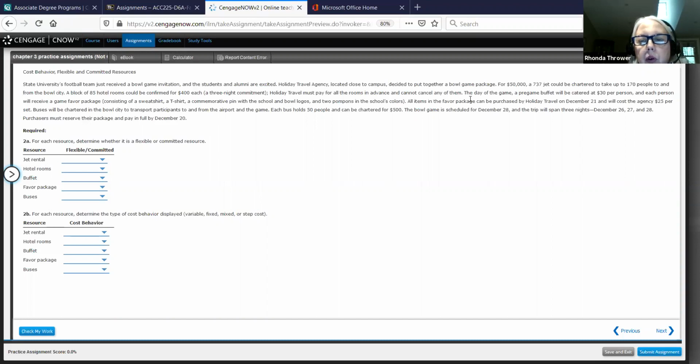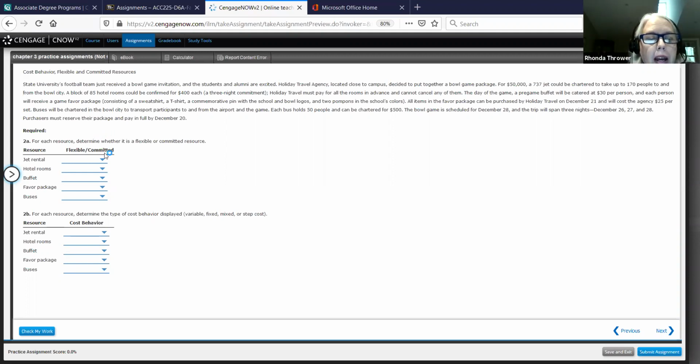And remember, it said that for $50,000, a 737 jet could be chartered to take up to 170 people to and from the bowl. What that's telling us is that this is a fixed cost. And because it's fixed, we are also going to have to commit to that cost.